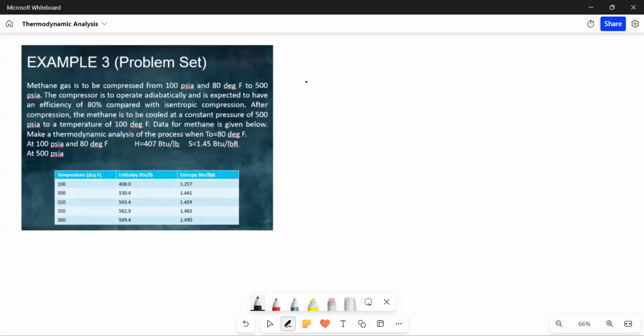Let's proceed. The first step is to write the diagram and the givens. We're given a compressor. Let's draw the compressor. And then after the compressor, there's a cooler. That's the cooler.